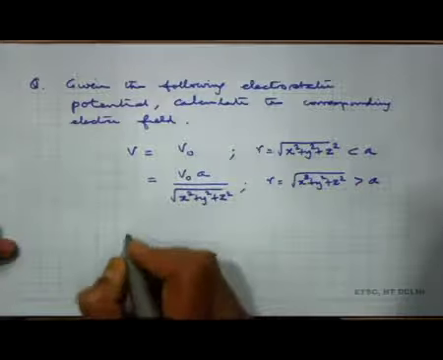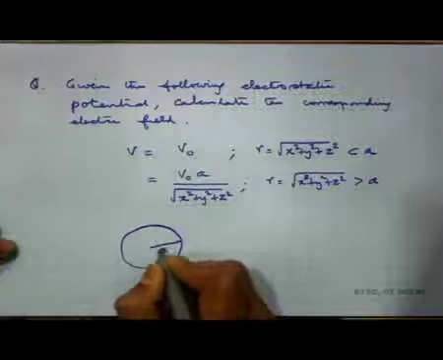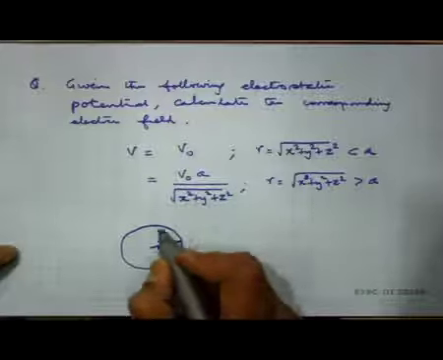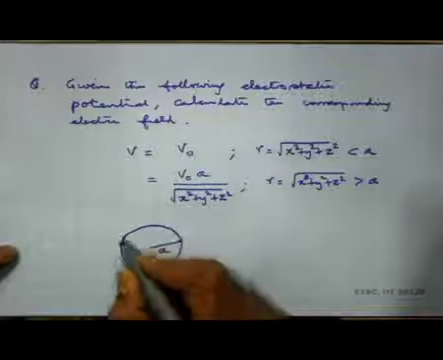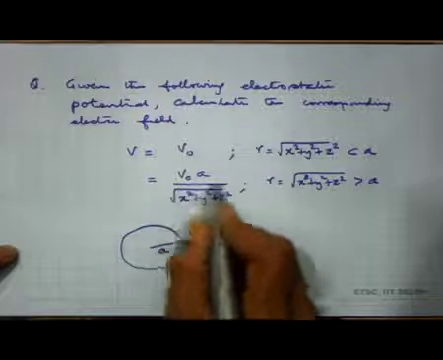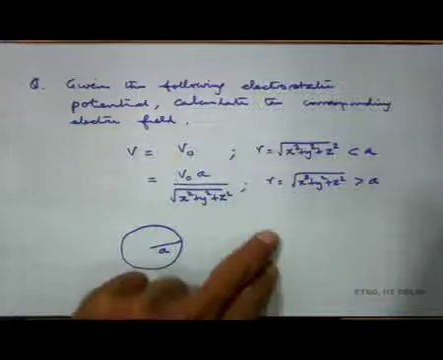So, what is given is a spherical distribution. The potential is V naught within this sphere of radius a, and outside the potential decreases as 1 by r as you move away from the center. The question is, what is the corresponding electric field distribution? To solve this problem, we have derived the following equation during the course of lectures.